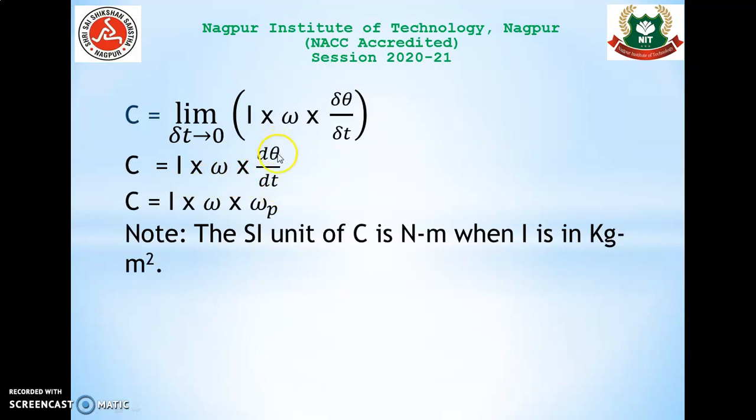Here, d theta upon dt may be replaced by omega p. So, the final equation for the gyroscopic couple is C equals I into omega p. Note that the SI unit of gyroscopic couple C is Newton meter when I is in kg meter square.